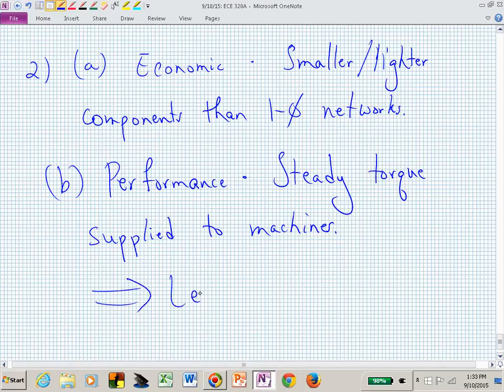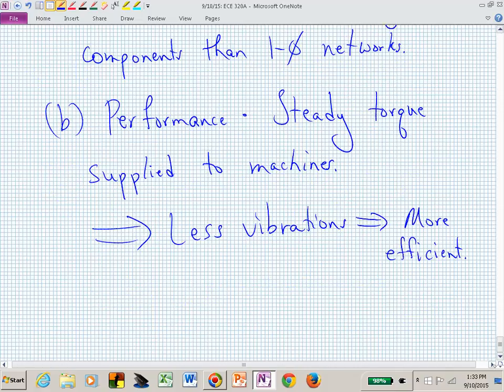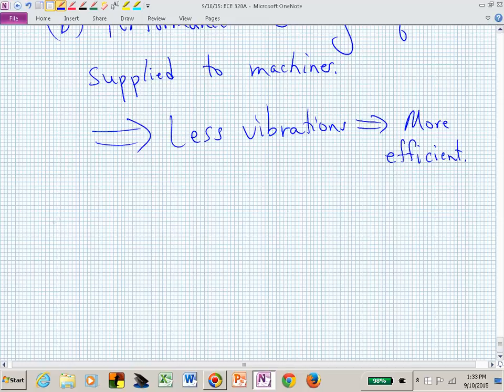So if the torque is steady, we have less vibrations, and a more efficient system. Another characteristic. Another is we are going to be playing with balanced, and this will make more sense as we go, but everything is basically, each of these phases looks the same. That's what we mean by balanced.